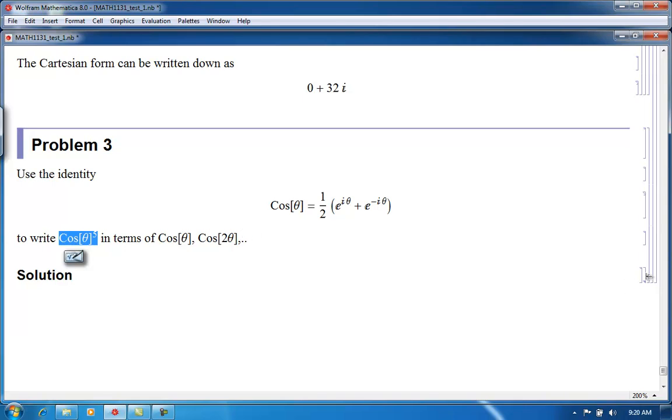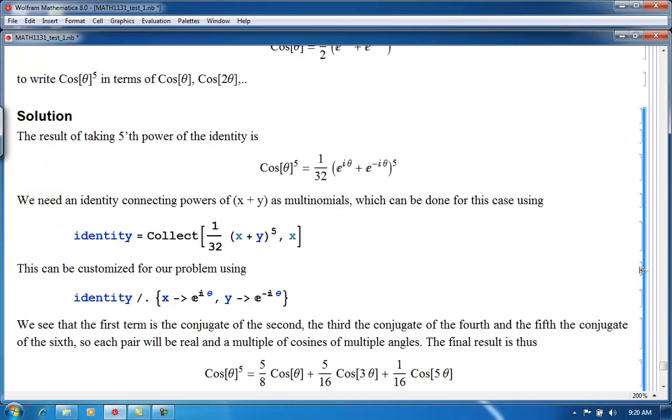So let's do that. Well, we do that simply by taking the fifth power of both sides of this identity here. So the fifth power of a half is 1 over 32, and this will be this to the power 5.